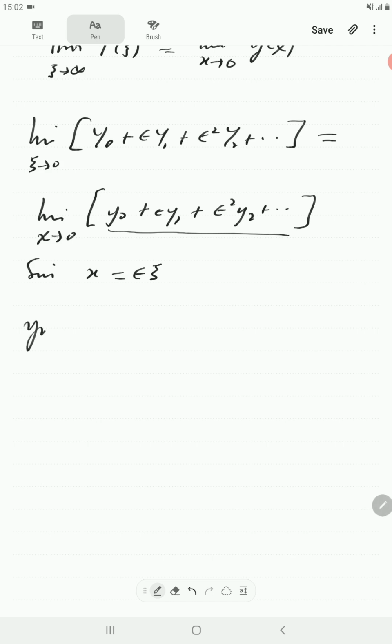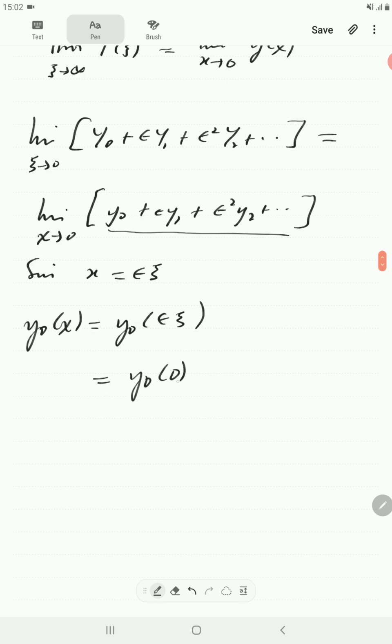So for instance, y0 of x, we're going to write as y0 of epsilon times xi. Then expand this about xi equals 0.